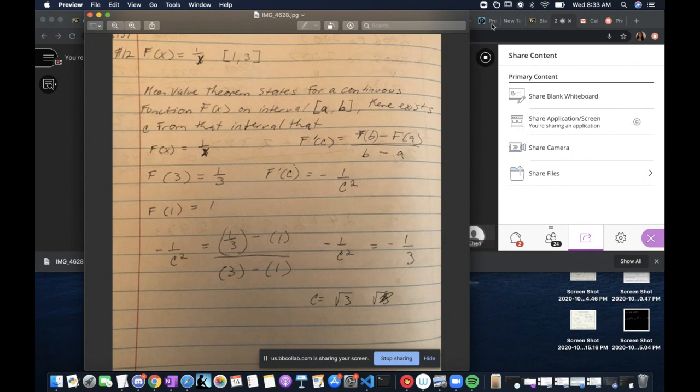Okay, look at your last step: c equals square root of 3, right? Can you explain how you got this answer? From c squared, I took the square root sign from the 1 over c squared. Can you take the square root of a negative number?